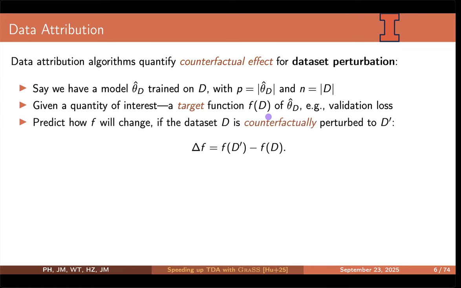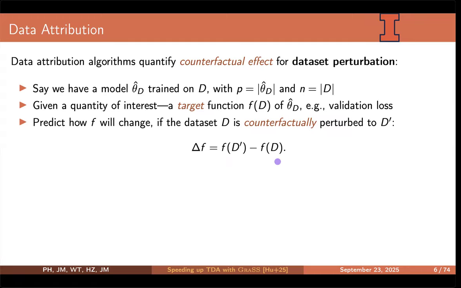And the goal of data attribution is to predict how this target will change if the training data set D is counterfactually perturbed to D prime. So basically, we're trying to estimate this difference between f of D prime and f of D. So why counterfactual? The counterfactual aspect is that we are not actually going to retrain a model every time we're given a perturbed data set D prime.